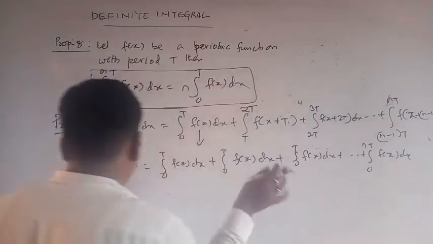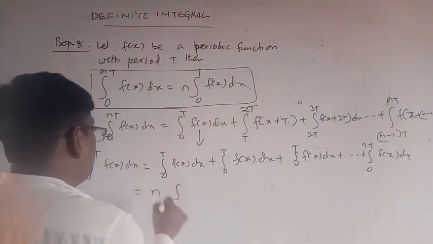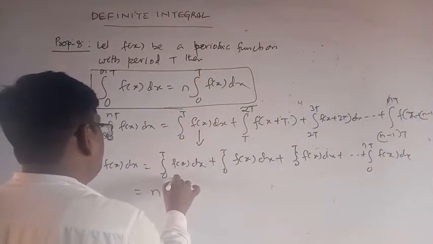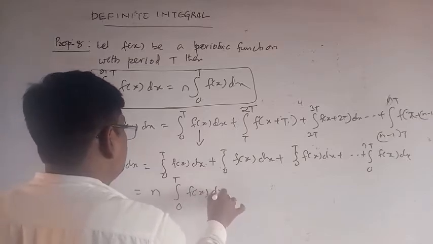So this is n times, so this is equal to n into the integral from 0 to T of f of x dx.